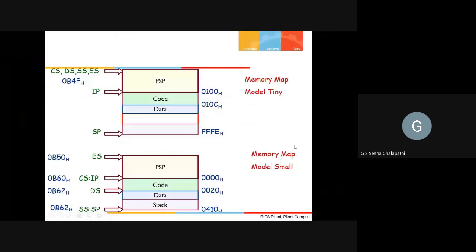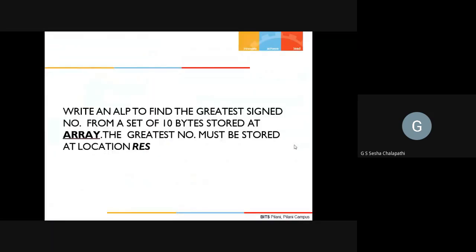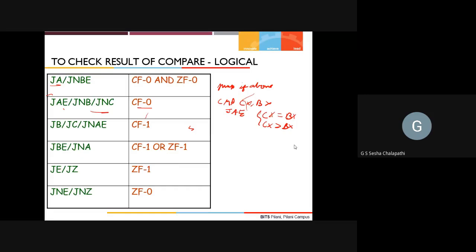So we were looking at different aspects of program models, and we were trying to look at the different kinds of jump instructions. These are logical instructions: jump above, jump not below or equal.